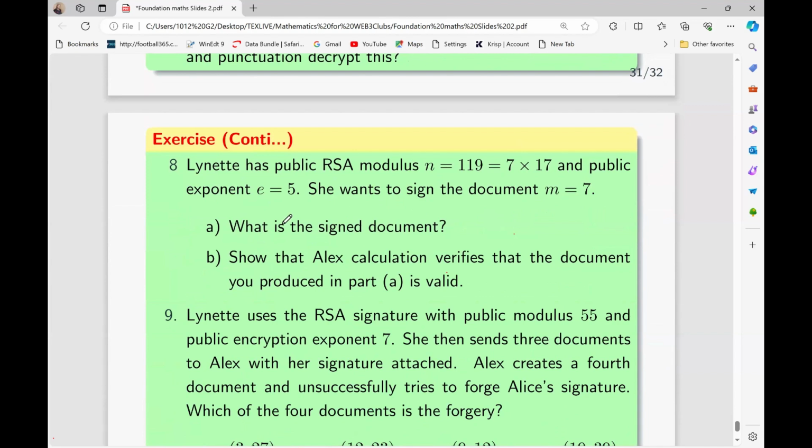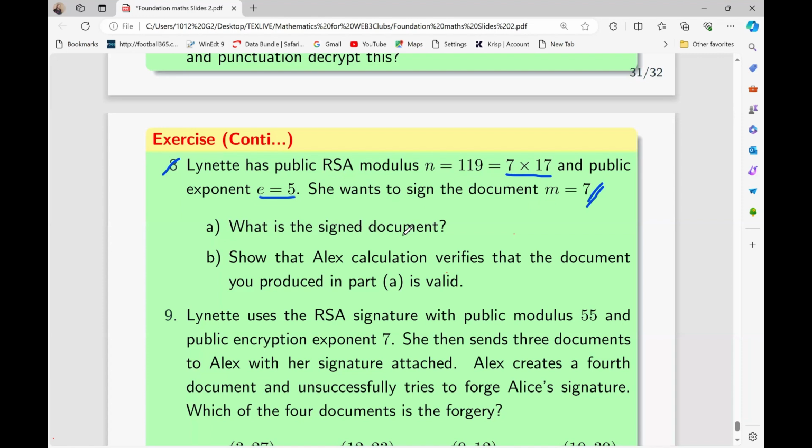Now, this is a question that we've just done before. We want a signature. So the question is, Lynette has a public RSA modulus, which is obtained from these two prime numbers, and she has chosen this E. She wants to sign the document, and the document is M, which is 7. Now, what is the signed document?